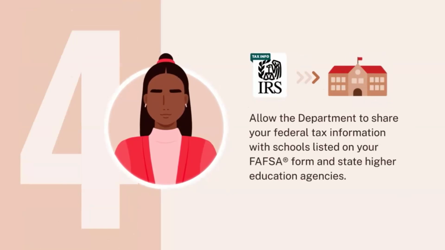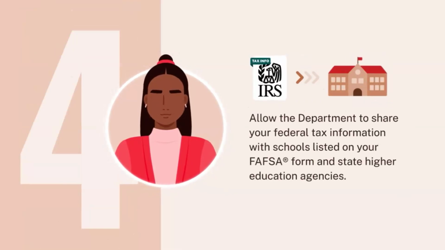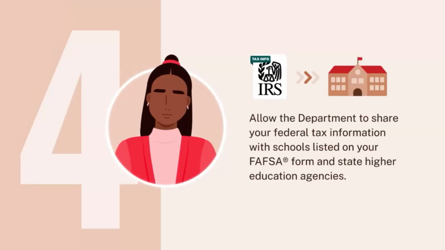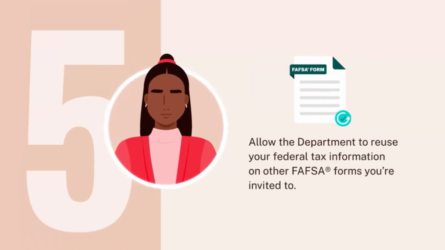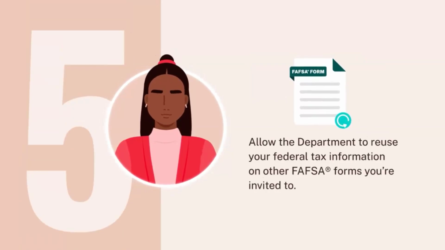Fourth, you agree to allow the department to share your federal tax information with schools listed on your FAFSA form and state higher education agencies for their use in awarding and administering financial aid. And finally, you agree to allow the department to reuse your federal tax information on other FAFSA forms that you are invited to and choose to participate on.